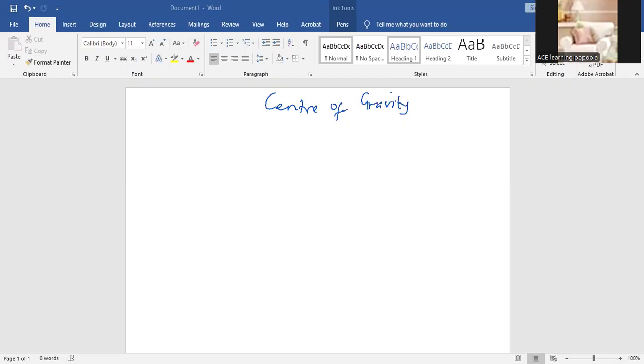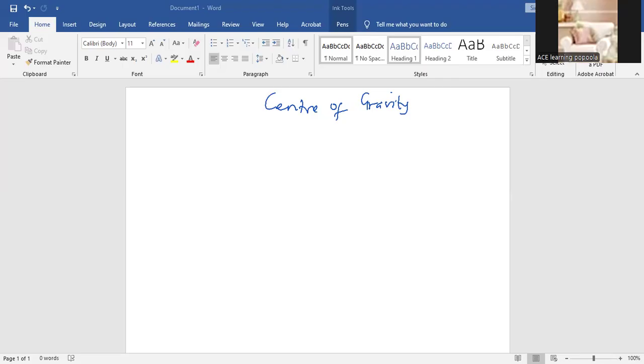That's what we call the center of gravity of an object. So if, for example, you have a book and you try to balance it with a finger, the point at which it balances is the center of gravity of that book.